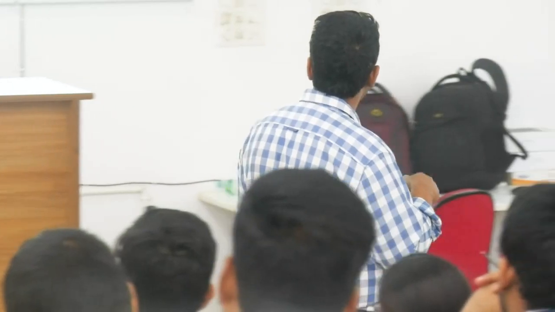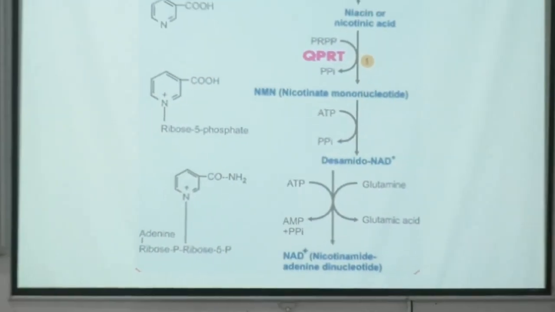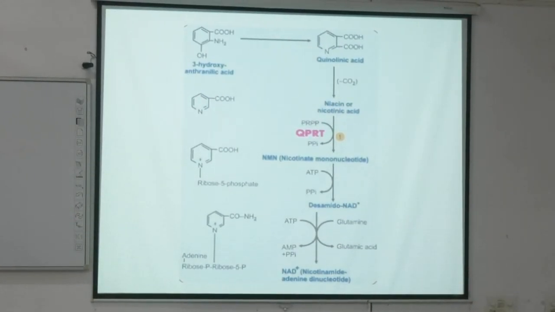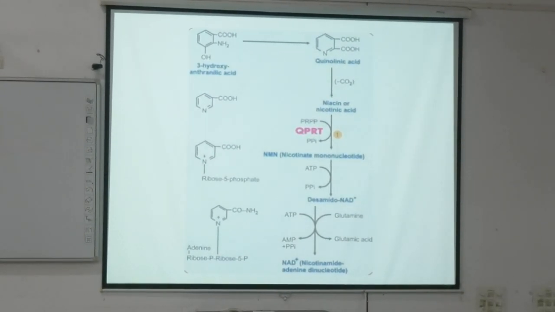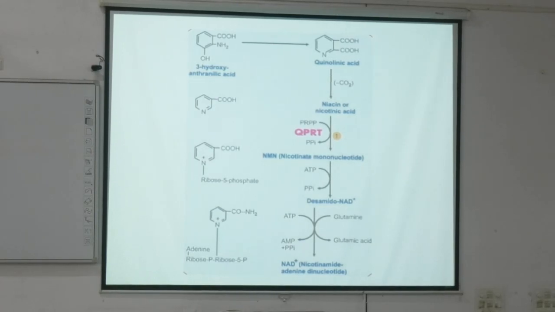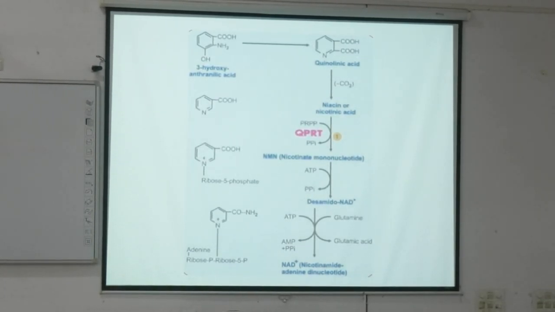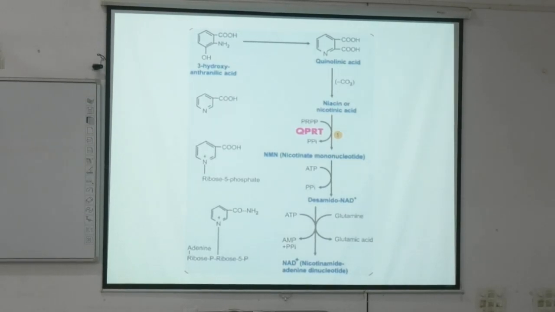Very good, vitamin B3. So hydroxykynurenine, quinolinic acid, then further reacted by QPRT, that is quinolinate phosphoribosyltransferase. Don't look at me as if I am talking in Hebrew. These are all Latin.